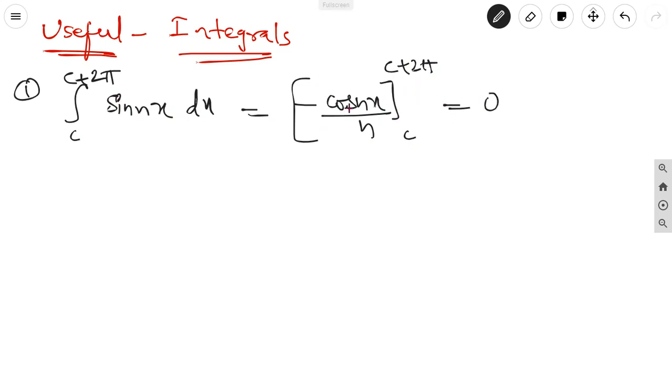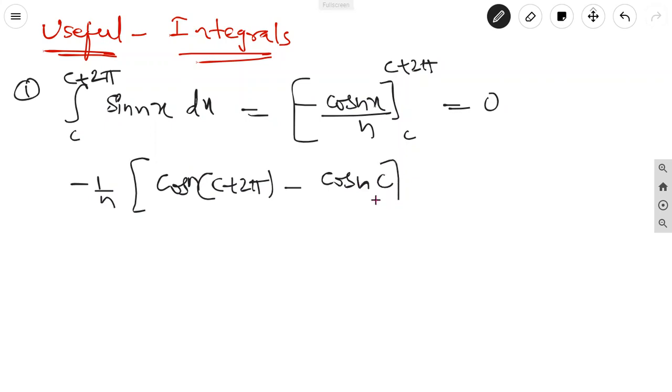Why? Cos of n into c plus 2 pi, 2n pi plus c, is cos c. Minus 1 by n is constant. Upper limit cos of n into c plus 2 pi minus cos nc is equal to minus 1 by n, 2n pi plus nc.